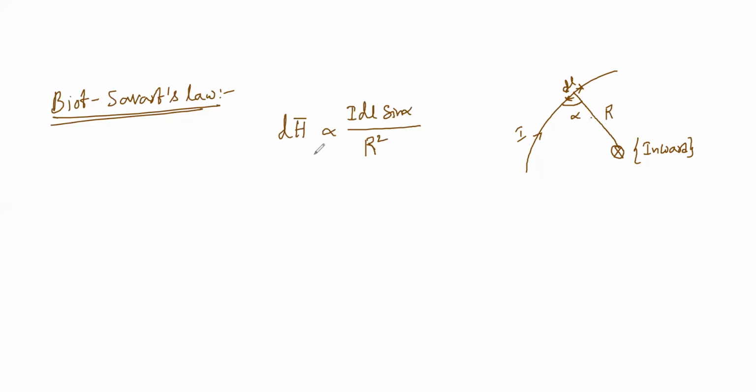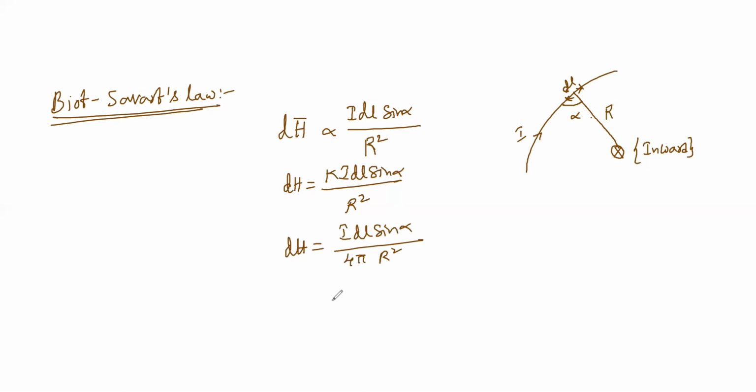If we move forward with this expression, to remove the proportionality, we can write dH equal to K I dL sine alpha by r square. And to remove the proportionality constant K, we substitute K by 1 by 4 pi, so dH equal to I dL sine alpha by 4 pi r square. Here the numerator is the product of the sine function with the two parameters I and dl.